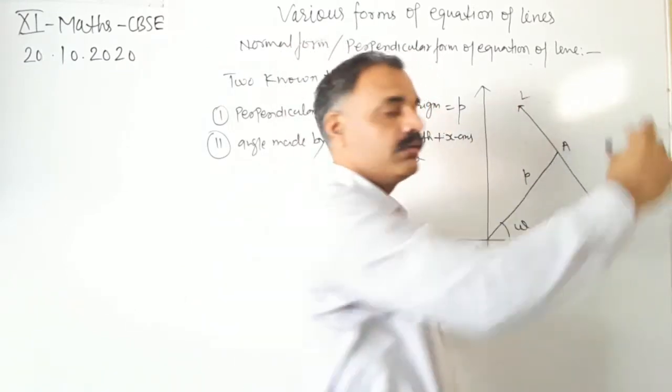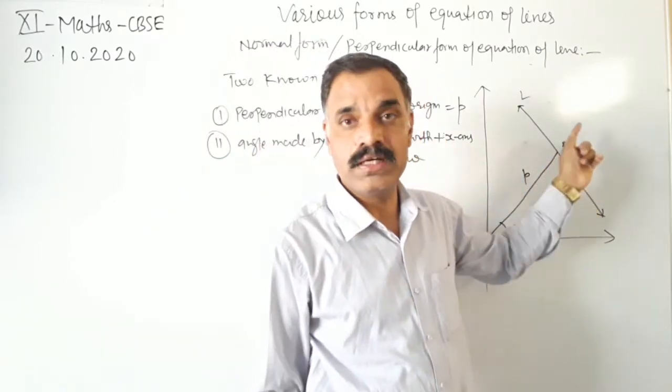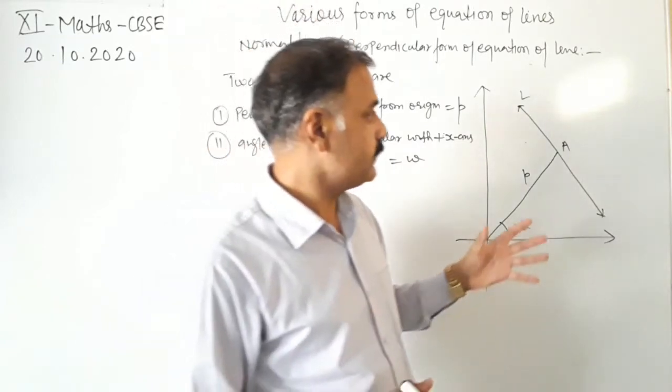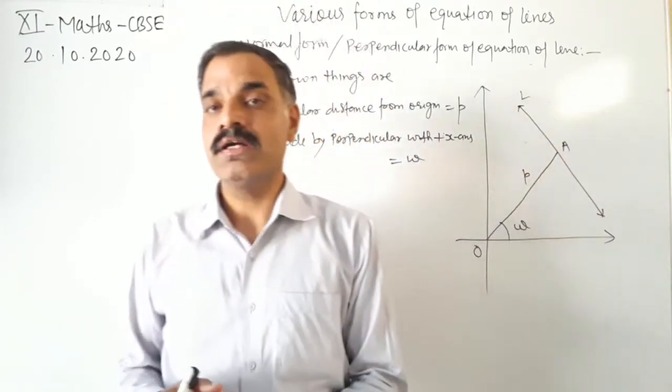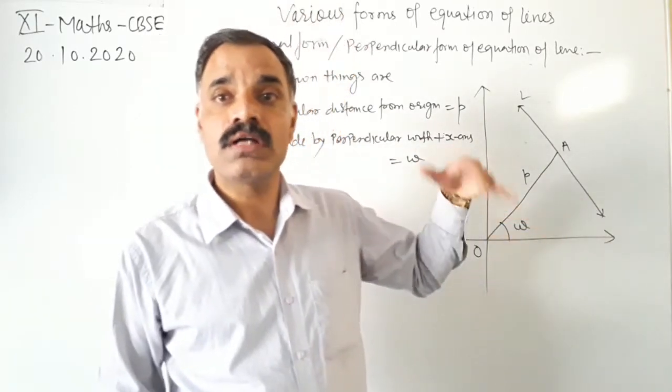We need the slope of the line L and the coordinates of any point on the line. It is very easy to find the coordinates of the point A that lies on the line.